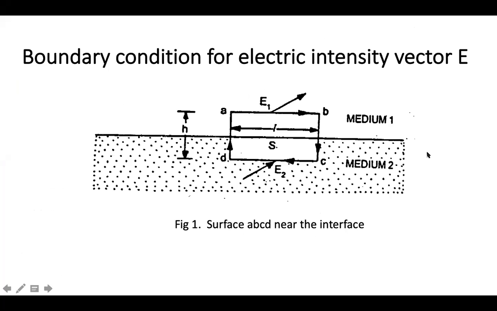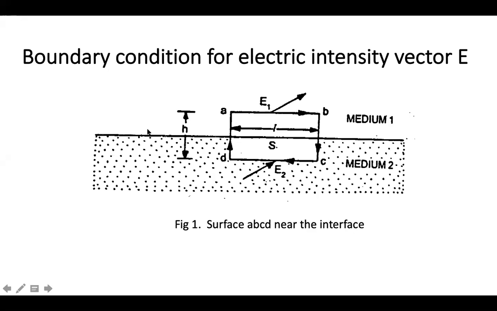So look at this figure. The other day when we saw the figure, it looked like a cylinder. But here you can see it's like a box. The surface is like a box. But there are similarities between the last figure and this figure. That is, we have medium 1 and medium 2, the same thing as we took last time.